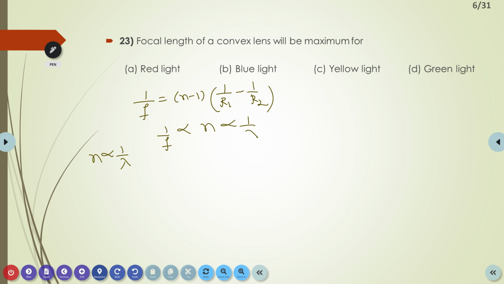So f is directly proportional to lambda. And we know that lambda is more for red color. So lambda is more, then focal length is also more.